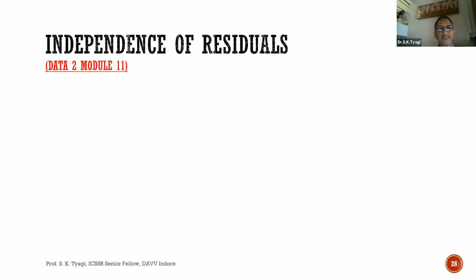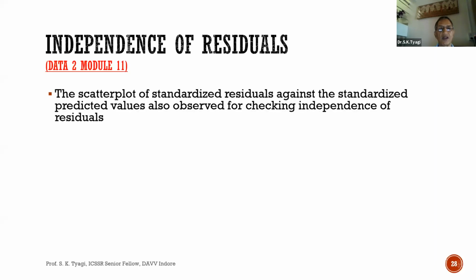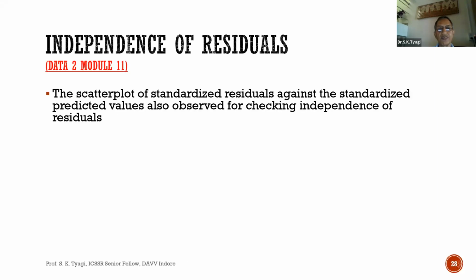Now, next is the independence of residuals. This was normality of residuals, and another is independence of residuals. Residuals are not in a set pattern. Residuals are random. The scatter plot of the standardized residual, how is this done?